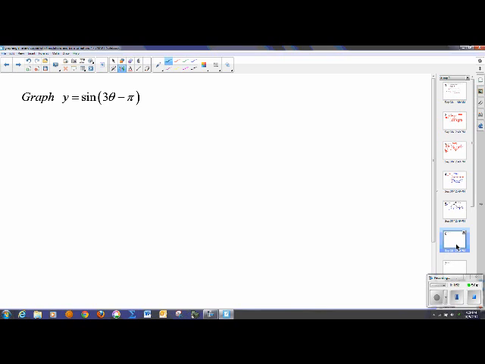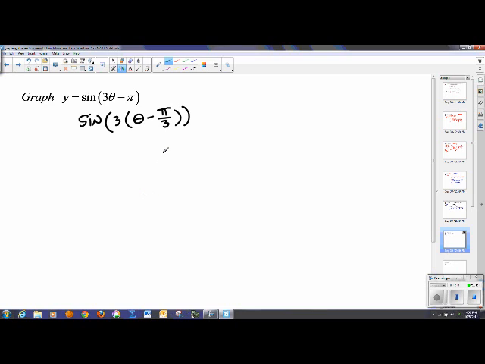All right, we're going to start combining things now. Now, as I stated in the first slide, my preference is to put a 1 in front of my theta value. So right now what I have is sine of 3 theta. I'm going to pull that 3 out. And if I factor out a 3, I'm left with theta minus pi over 3.